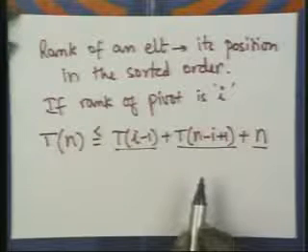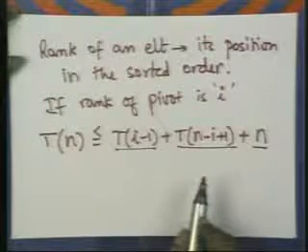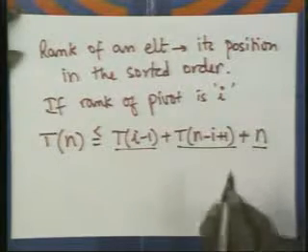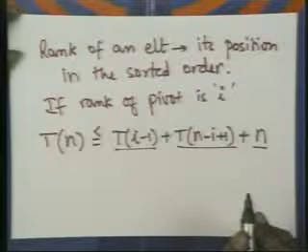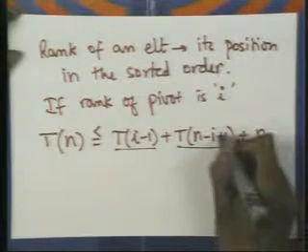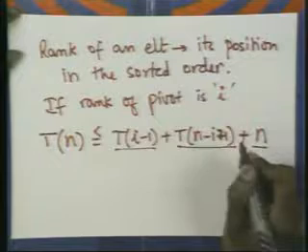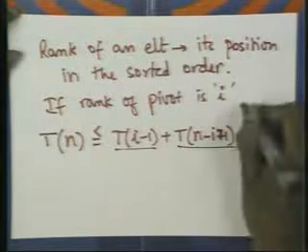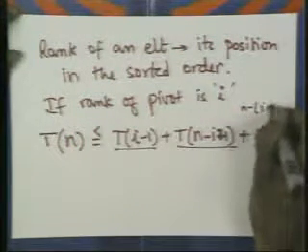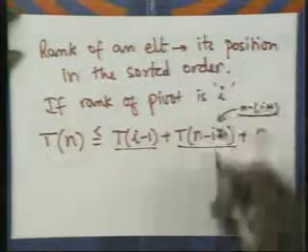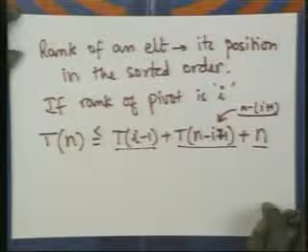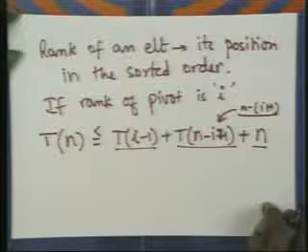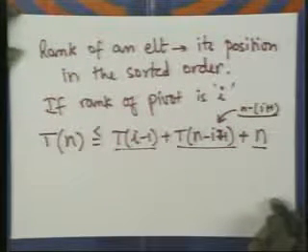For instance, if I had picked the minimum element, then i was 1. Oh, sorry, I need to correct this. The right-hand side should be n minus i, not n minus i plus 1. I have the pivot, I have i minus 1 elements on this side, and n minus i elements on the other side. The pivot sits at the center.